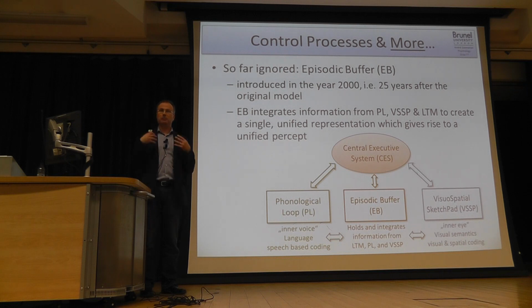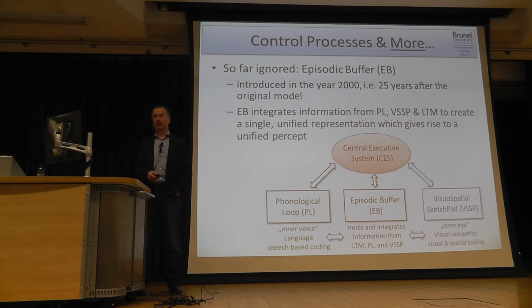So when you see me speaking here in front, I create, hopefully, a unitary percept in you. I'm one unit which has acoustics and a visual representation. So how is that linked?